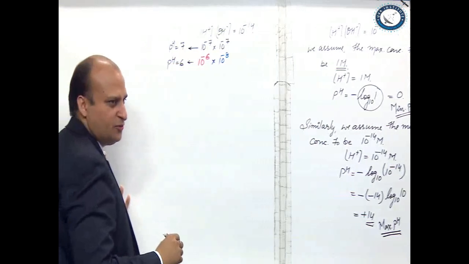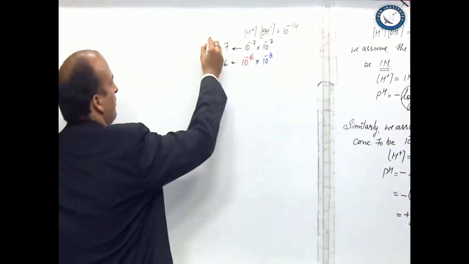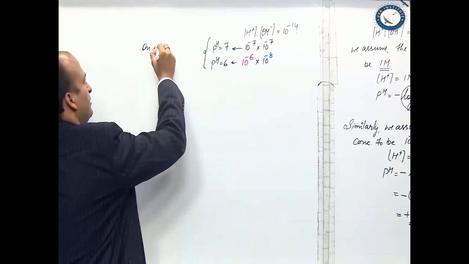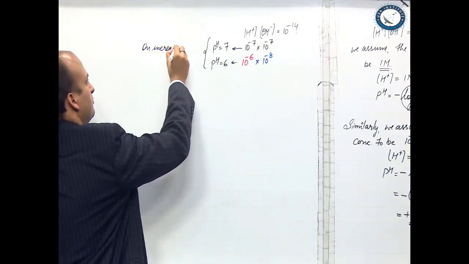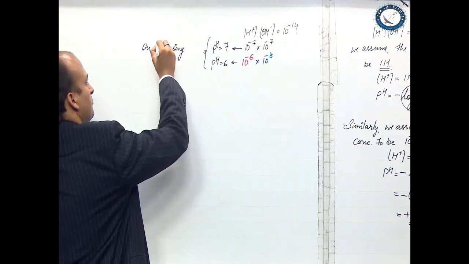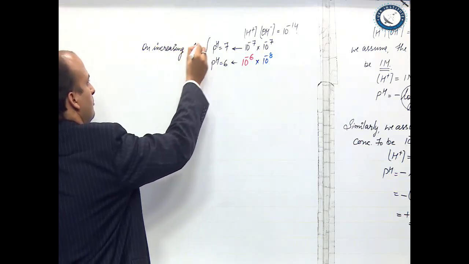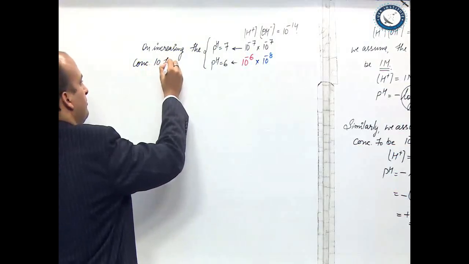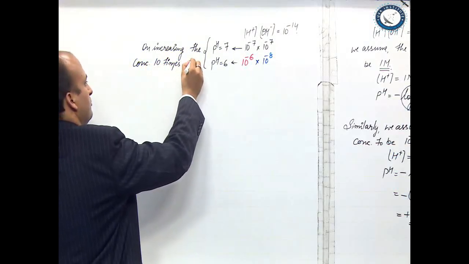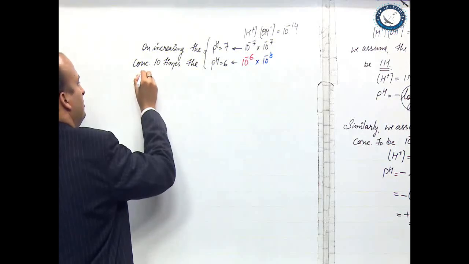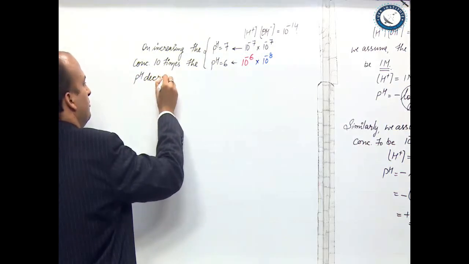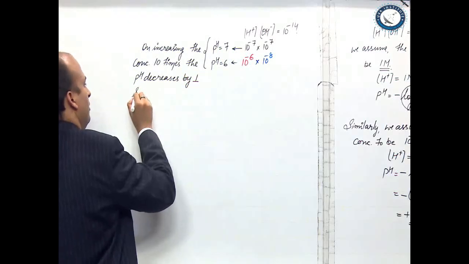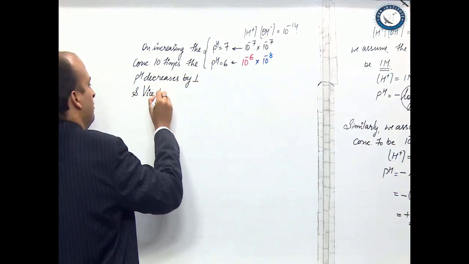So they can ask you one question from here, that on increasing the concentration 10 times, the pH decreases by 1 and vice versa.